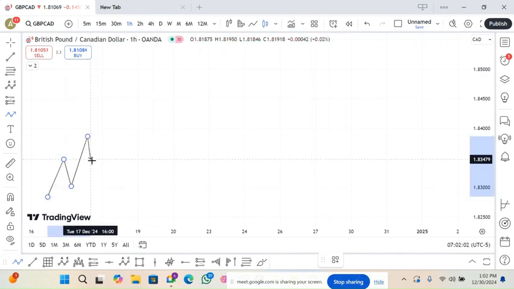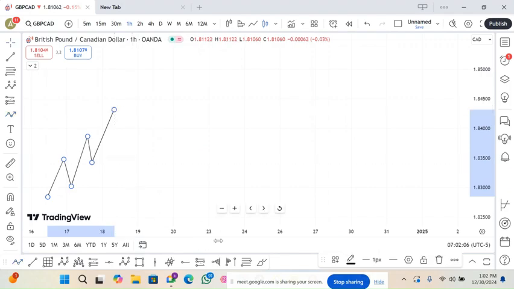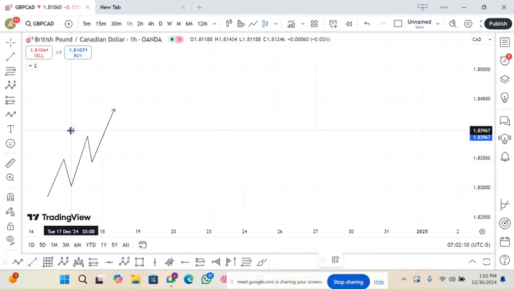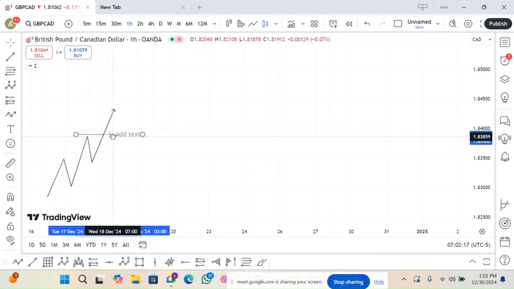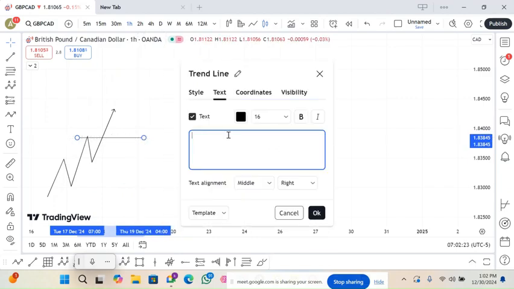This is what we have on a daily time frame, showing us higher highs and higher lows, showing us that the market is bullish, right? So this is regarded as a break of structure on a daily time frame, BOS.